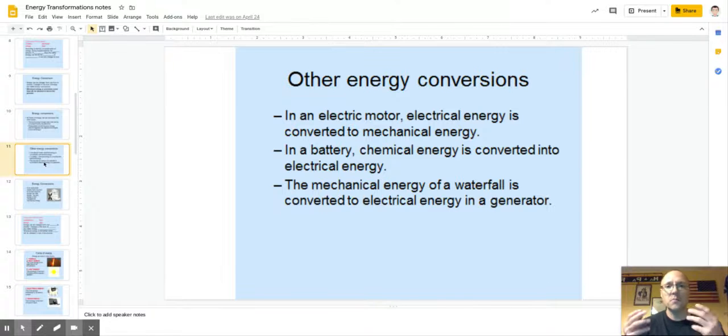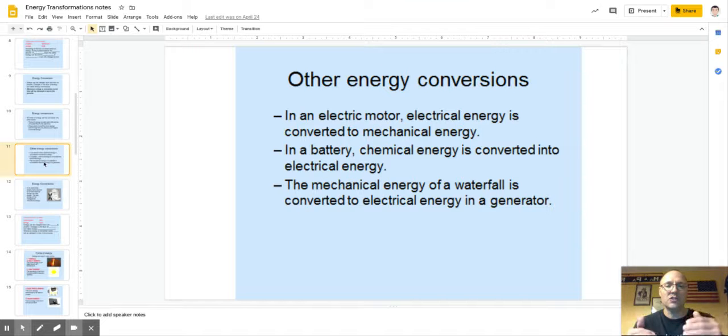We can also take mechanical, when we refer to mechanical energy, we're referring to kinetic energy or energy of motion of something, right? When something is in motion, that's mechanical energy. So when we have water that is falling, we consider that mechanical kinetic energy. There's also a mechanical potential, and that's when work is done to something.